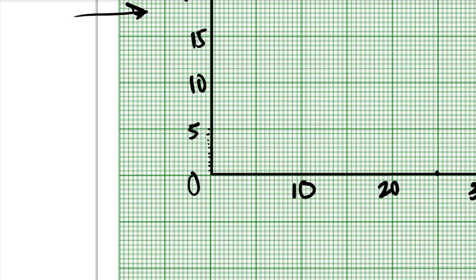So after every 2 millimeters there comes 1. 2 millimeters is equal to 1 unit. So here is our 1 unit. 1, then 2, then 2 millimeters, 3, and 4 and 5.